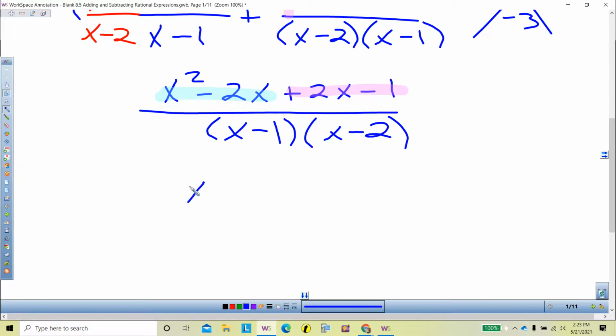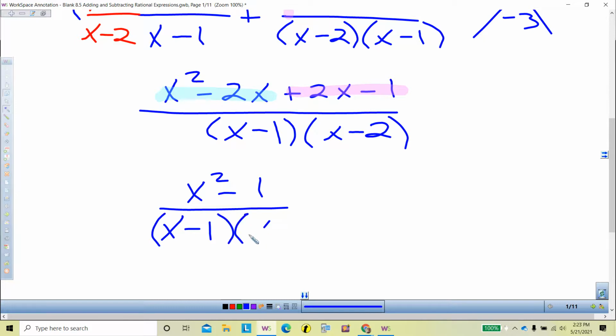So in the numerator we have x squared minus 1. Denominator we have x minus 1, x minus 2. Raise your hand, don't say it out loud, if you know what this numerator factors to. Look around at how few hands are up. That's upsetting to me that many of you don't know that when I've explained it like 50 times.